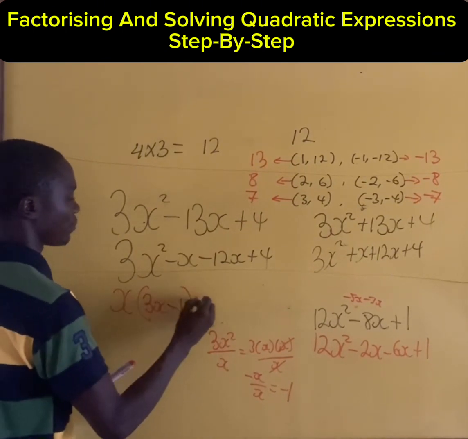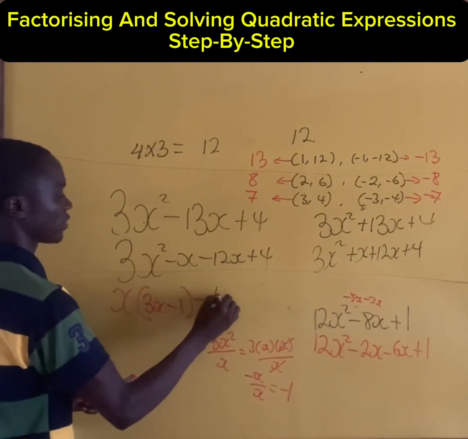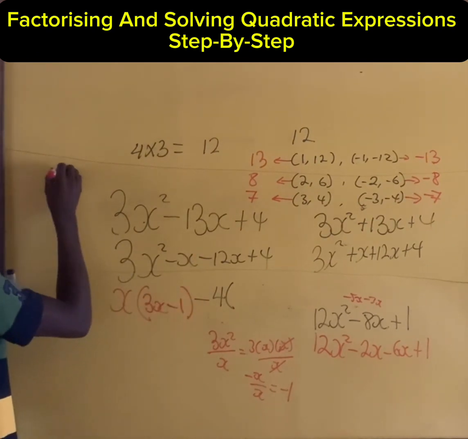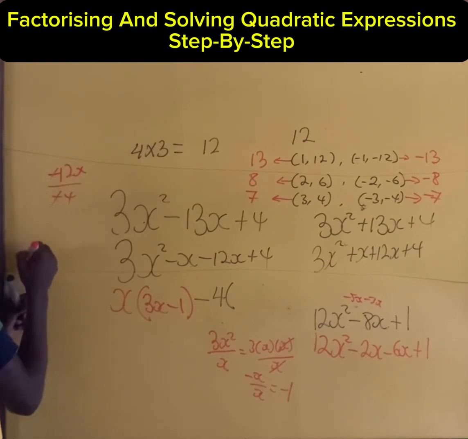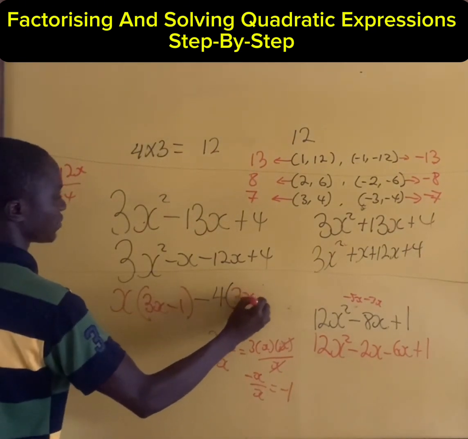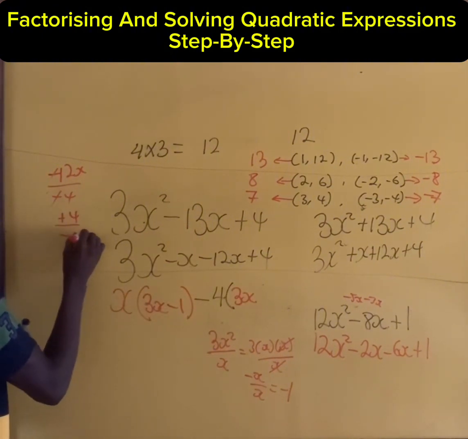Then I bring minus 12 and 4. 4 can divide 12, so I bring 4 out. Then here I have minus 12x will divide minus 4. Negative will cancel negative. 4 will divide this 3. So I'll write here 3x. Then this is positive 4 divided by negative 4.